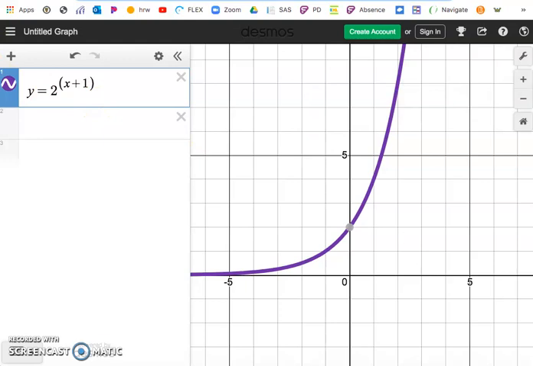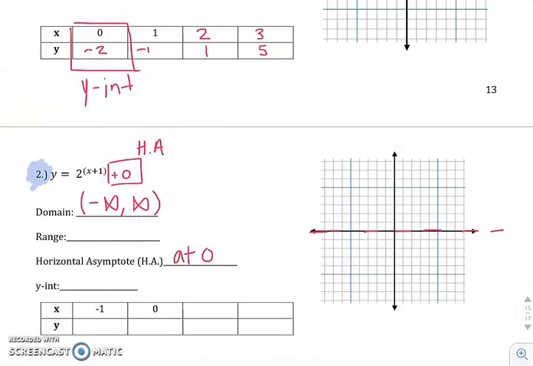So we can go to our table then and fill those values out. So -1, 1, 0, 2, and then 1, 4, 2, 8. That's going to be your y-intercept, and we're going to write it as an ordered pair, and we will plot these other points.